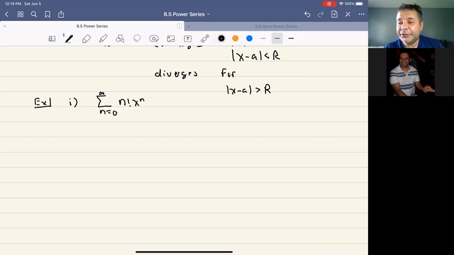Okay, so the sum n factorial x to the n, let's look at it via the ratio test. Okay, so we're going to say a sub n is n factorial x to the n, and we're going to use the ratio test.